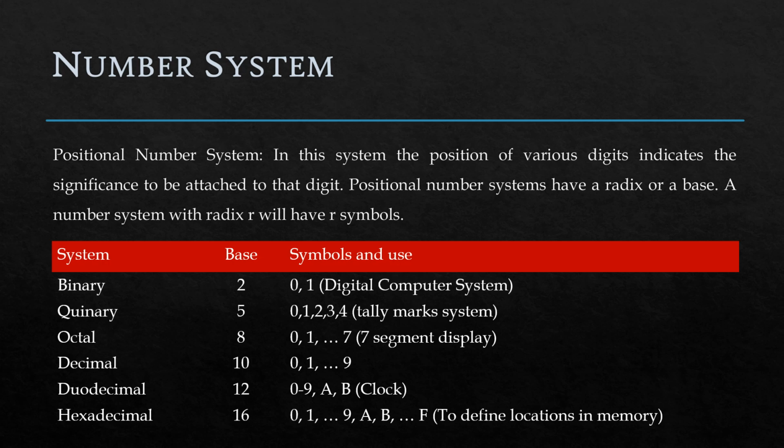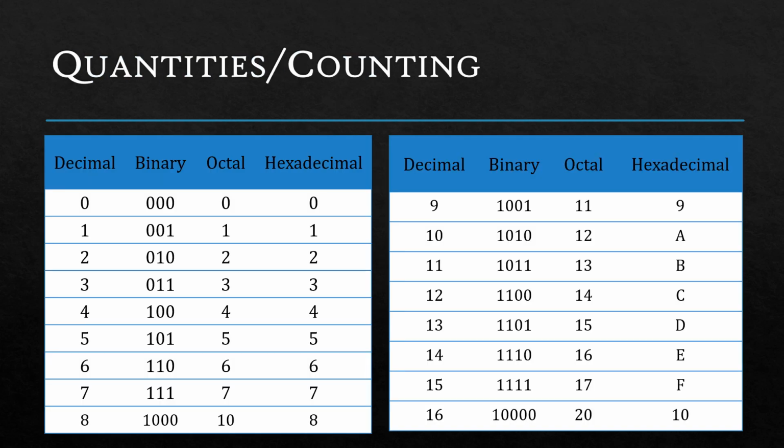So these are the examples of the positional number system. Each number system has a radix value which specifies that the number system will have R distinct symbols.